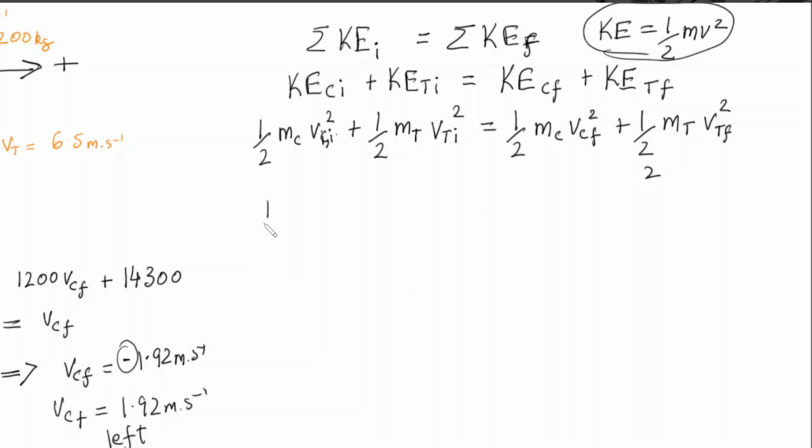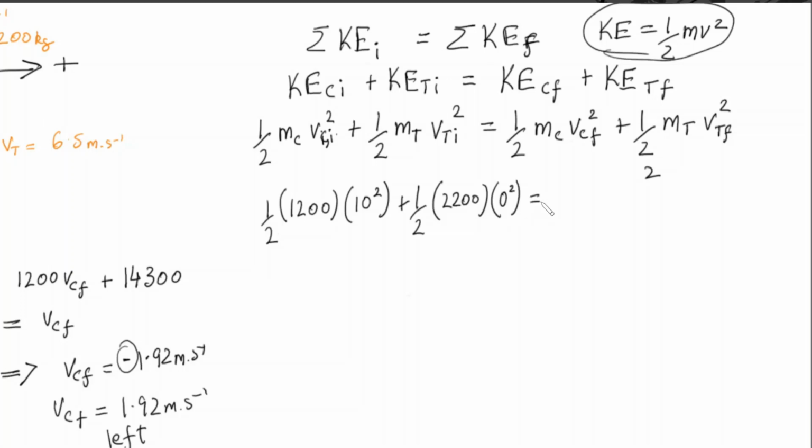So then let's go ahead and put in our values. We've got half times the mass of the car, which is 1200, multiplied with the initial velocity of the car, which is equal to 10 meters per second, and that'll be squared, plus half times the mass of the truck, which is 2200, times the velocity of the truck, which was 0, and that'll be squared.